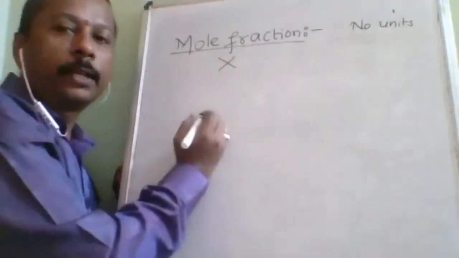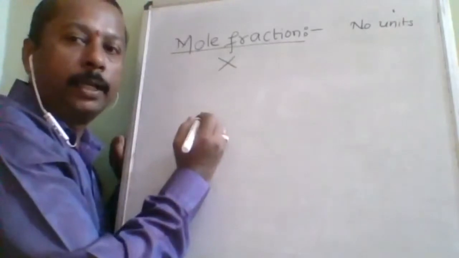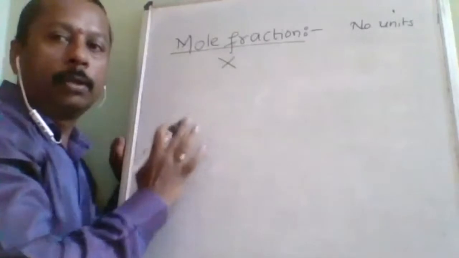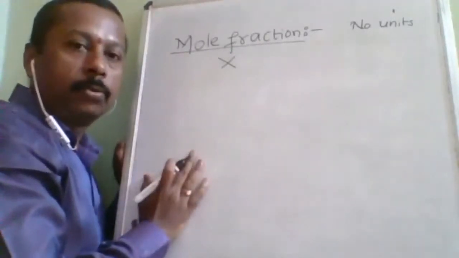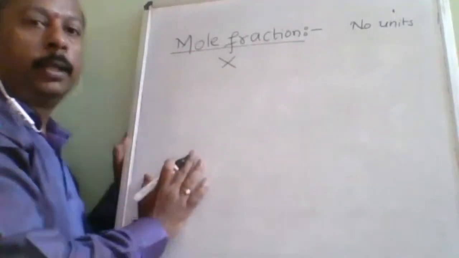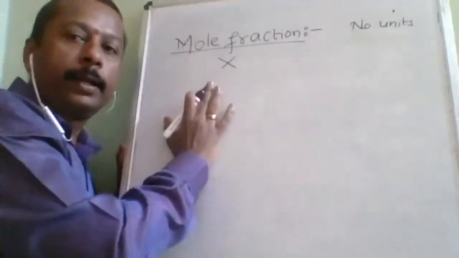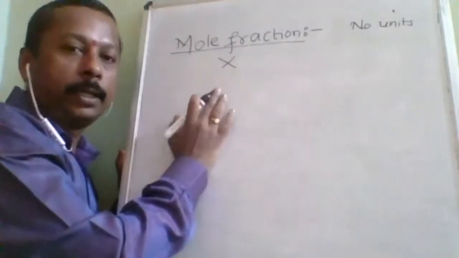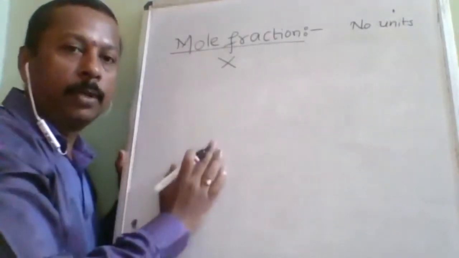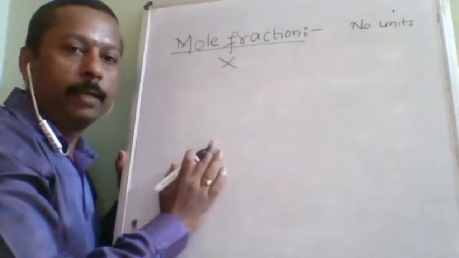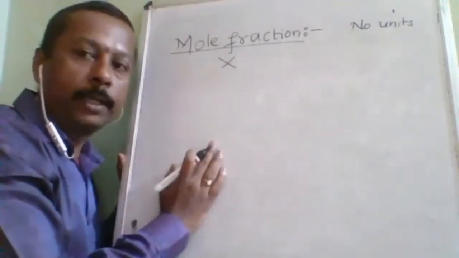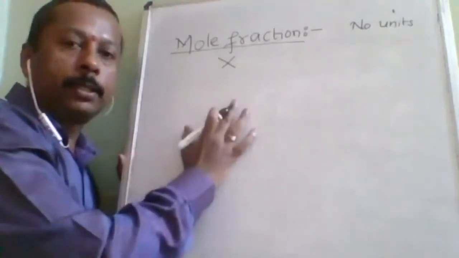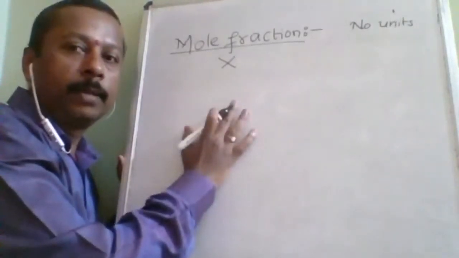Now this mole fraction is applicable for any solution which contains two, or more than two solutes. It is applicable for quaternary, tertiary, n number of solutes. But that is not addressed by molarity and normality. They are applicable only for the binary solution. That was the limitation of the previous units.